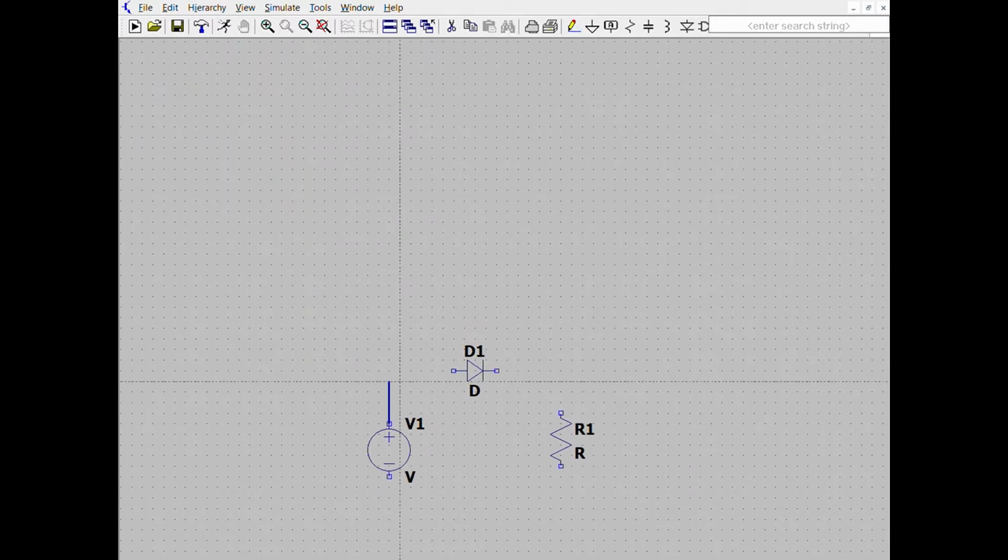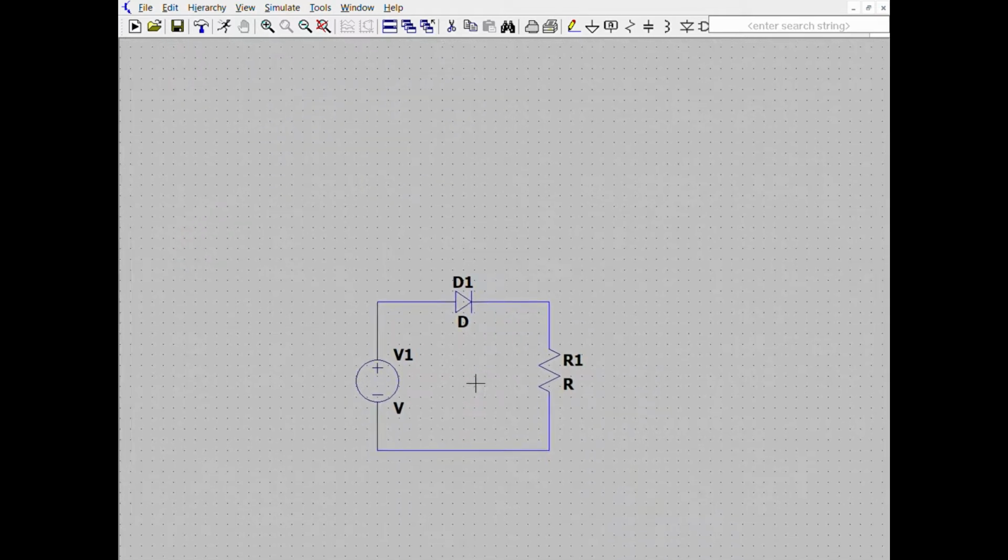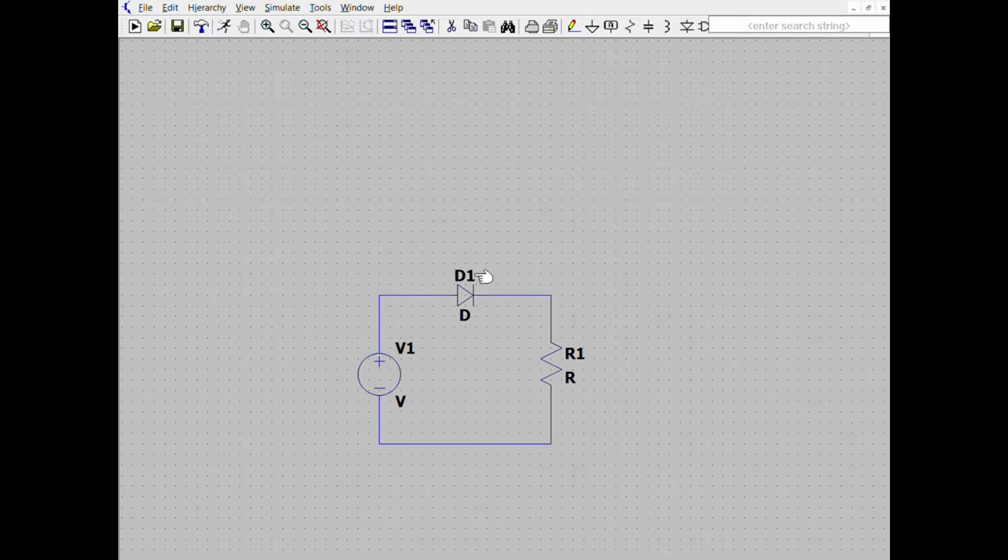Okay, so we can begin to construct by drawing a wire along the components. And then put the value given, which is ENT115 for the diode and 1 kilo ohm for the resistor, and then we can put the ground here.